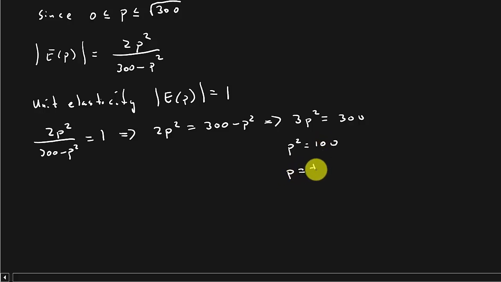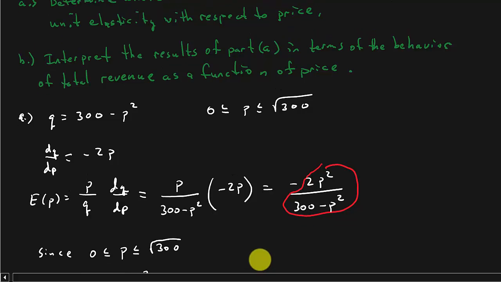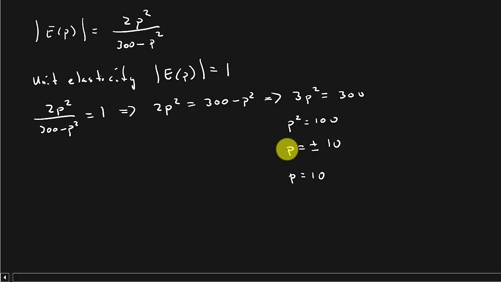So P is equal to plus or minus 10 when you do the square root of it, right? But we know it's going to be P equals 10 because 10 is the one between 0 and the square root of 300. But do remember that when you take the square root of both sides, it's plus or minus. You're using that square root property. And so there we go. That's when it's unit elasticity.